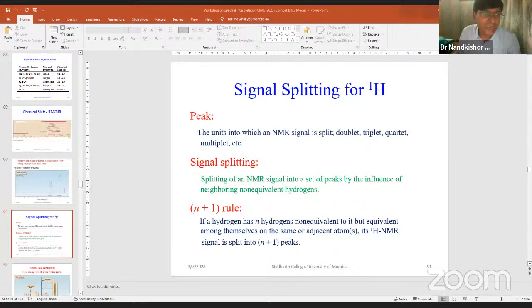If I place the I value here, the 2 will get cancelled, leaving only n plus 1. So n plus 1 is the standard equation of the first order equations for the splitting pattern or spin-spin coupling, where n is the neighboring protons or nuclei which couple with the nuclei under study. Now we'll understand how it will be useful in NMR spectroscopy.